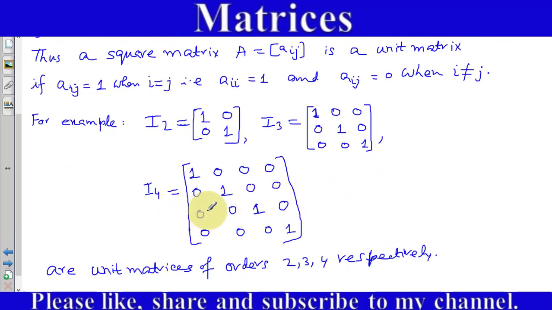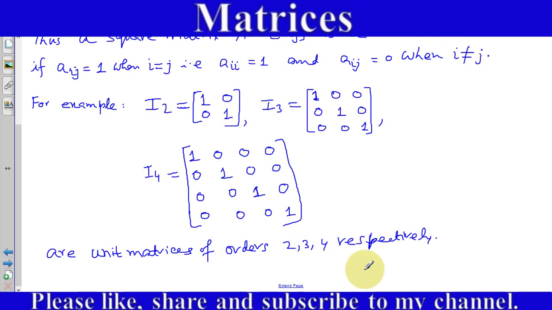I4 is 1 0 0 0, 0 1 0 0, 0 0 1 0 and 0 0 0 1. This is a fourth order identity matrix. So, I2, I3, I4 are unit matrices of orders 2, 3 and 4 respectively.